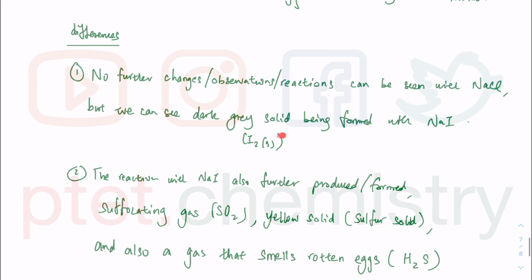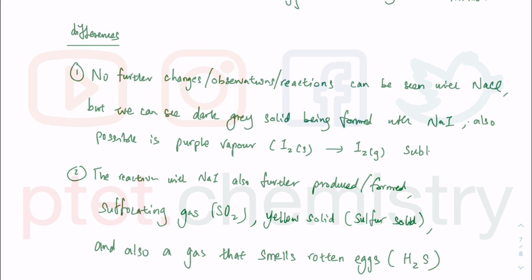In addition to the dark gray solid, you could also potentially get iodine vapor. Also possible is purple vapor. The purple vapor comes from I2 solid going to I2 gas. This is sublimation, and that could happen given the amount of heat given out by this reaction.